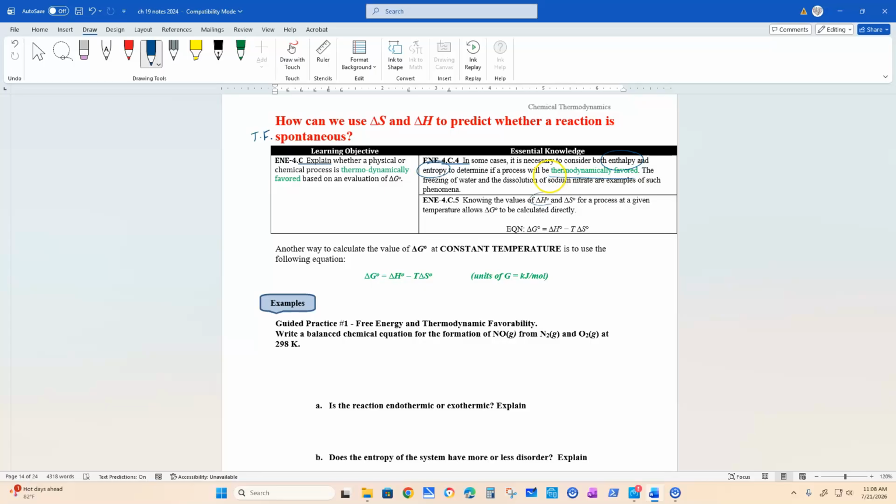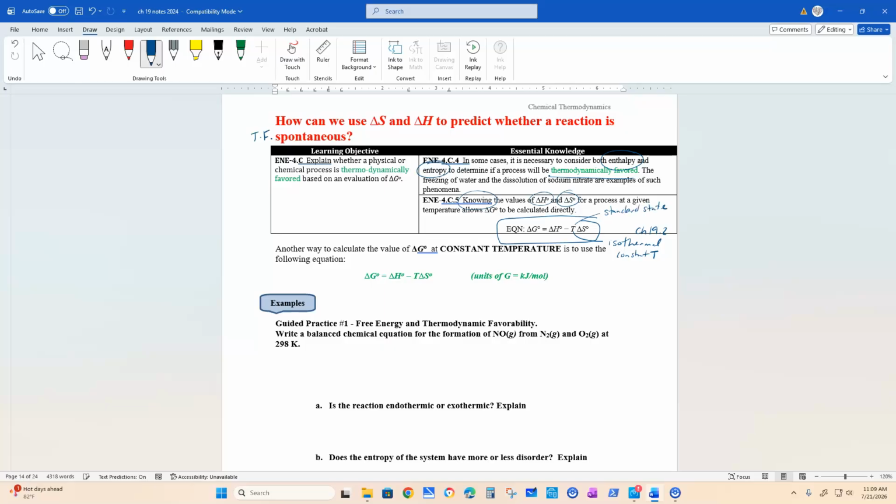So if we know delta H and we know delta S, then we can use this equation, but notice something about temperature. It's an isothermal process. Well, you learned about that word in 19.2. Isothermal means constant temperature. And notice these little degree signs. That means it's at standard state.